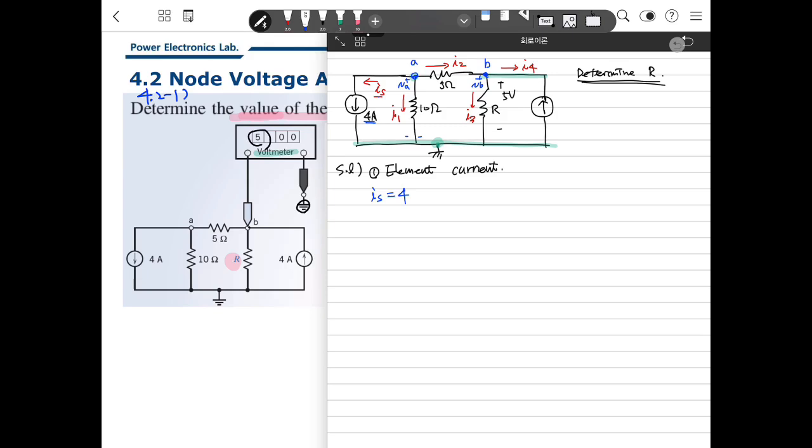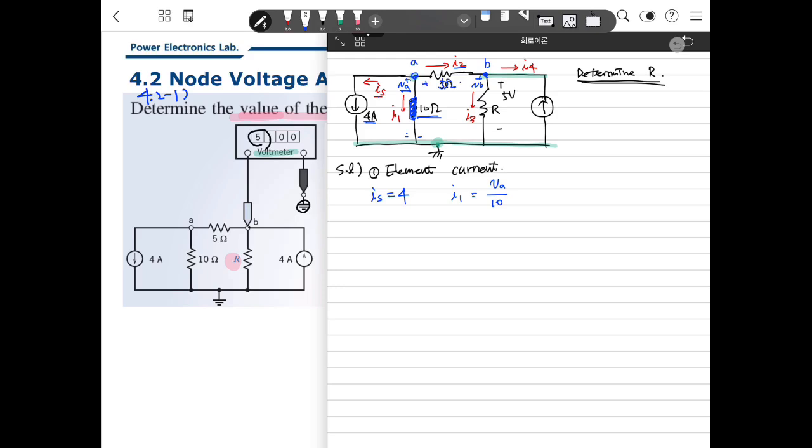Then, what is I1? I1 is the current flowing through this resistor. So the voltage difference of this resistor is VA, so I1 is VA over 10, because there is a 10 ohm resistor. Then what is I2? It is the current flowing through this 5 ohm.